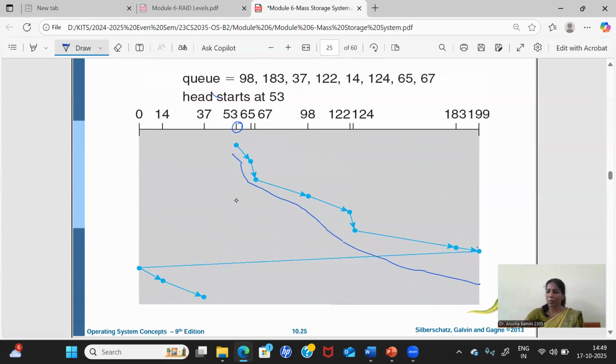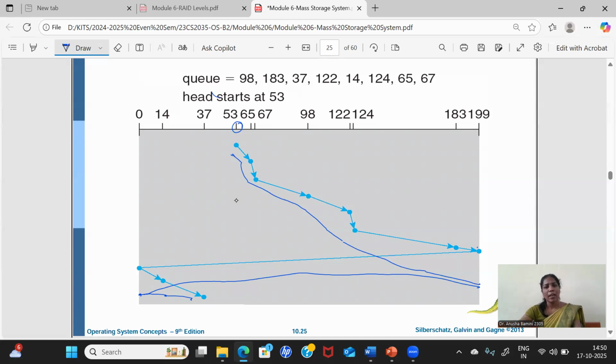Then from 199 it is immediately coming to zero without visiting the in-between points. It starts from the first request to the end, and from the end it immediately comes to the starting point, which means zero. After that, the missing disks, it traverses 14 and 37. This is called C-scan.